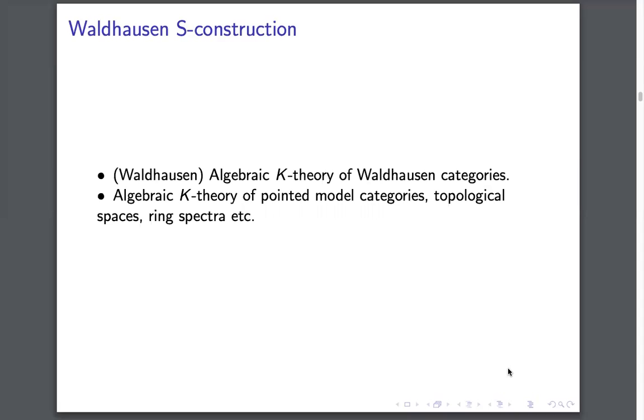Ring spectra is something I'm going to talk a little bit about in a second. For all these things, we have a definition of algebraic K-theory. In particular, our project concerns algebraic K-theory of ring spectra, and trace methods are often concerned with the algebraic K-theory of ring spectra.